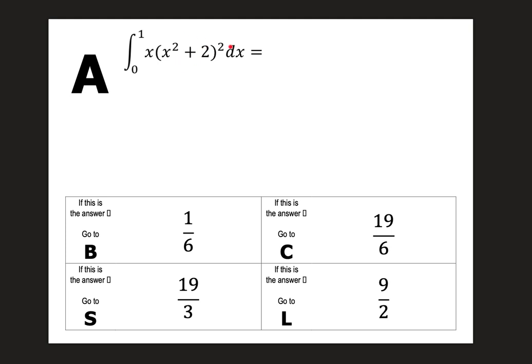You could also FOIL all this out. You'll end up with 3 terms, some polynomial, and then just do 3 separate power rules. It doesn't matter, do it either way. I think one's just as good as the other. I think u sub might be a little quicker, but it's not that much better. Okay, take the derivative of both sides.